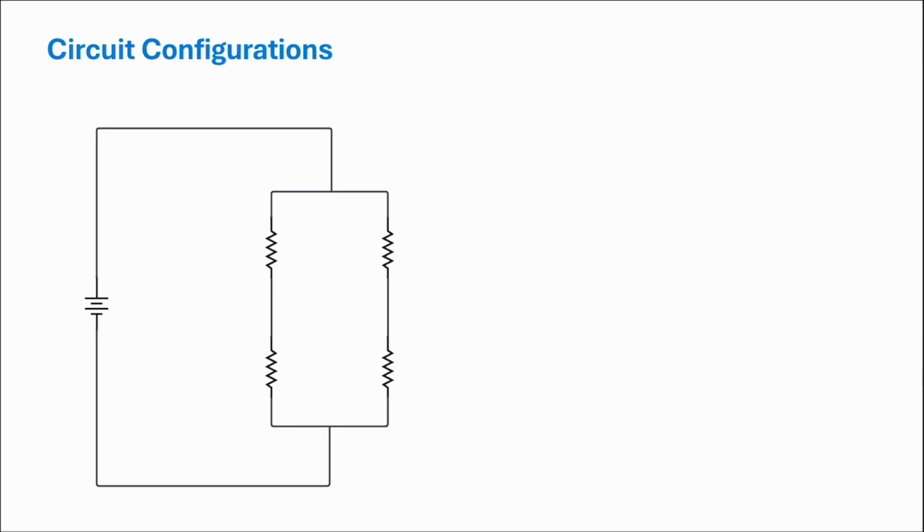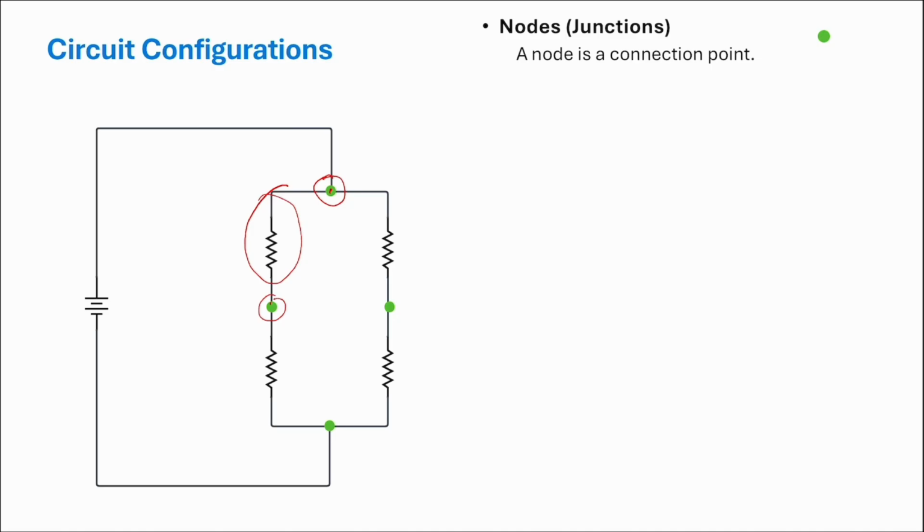Our next topic is circuit configuration. Let's first learn some key terms which describe the circuit. First is nodes, and some people say junction, which has the same meaning. A node is a connection point. Here we have 1, 2. It means this point and the second point connect the resistor. We have another point here.